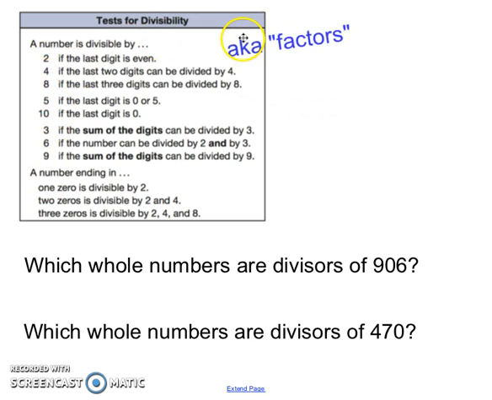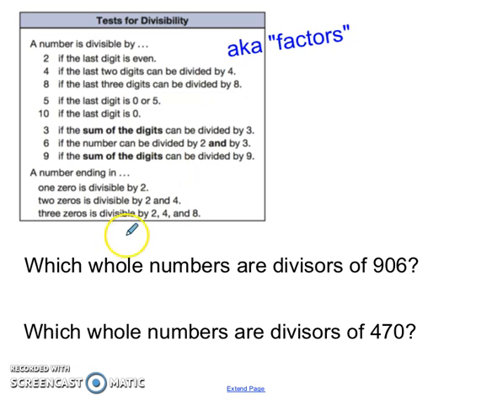So when it says test for divisibility, say that 5 times fast, really it's finding what the factors of that number are. So if I want to figure out the divisors of 906, really I'm trying to find what the factors of 906 are. So we're kind of just going to go up the line from 1 up through 10, and we'll see which ones are factors of 906.